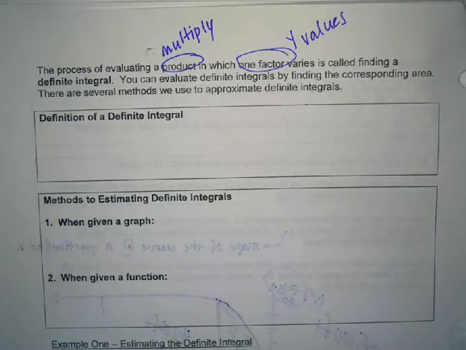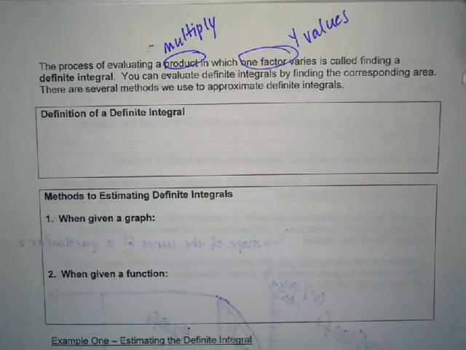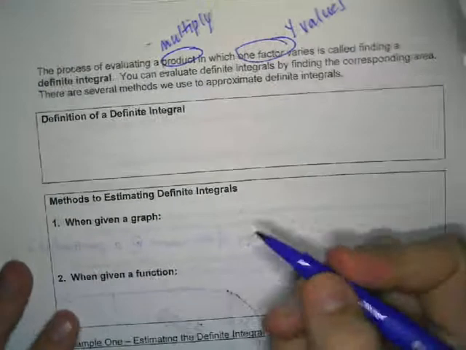There are several methods we use to approximate definite integrals. There are more exact methods coming up, but right now we're just estimating. So let's get a good definition down first that we can keep referring to.